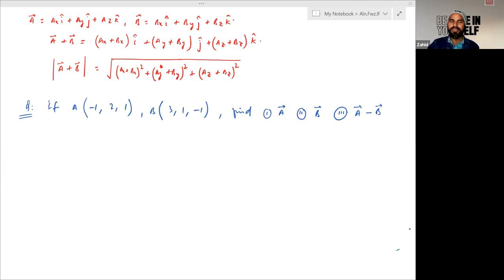Just see, for this A, we have three components, X, Y, and Z. So A in terms of vector will be X component times i cap, so it will be -1 i cap, Y component times j cap, and Z component times k cap. Alan, just send me your answer.